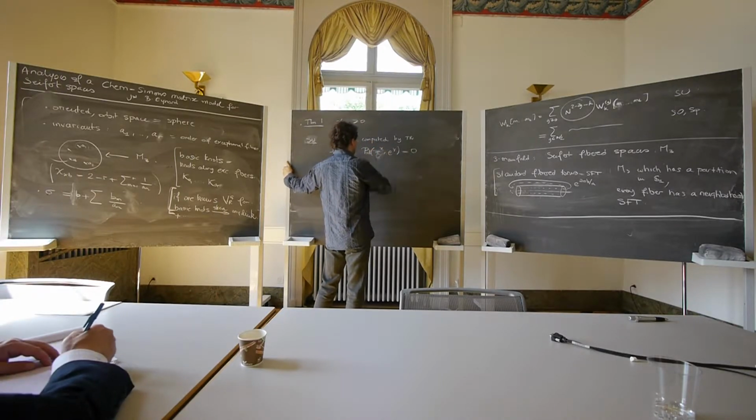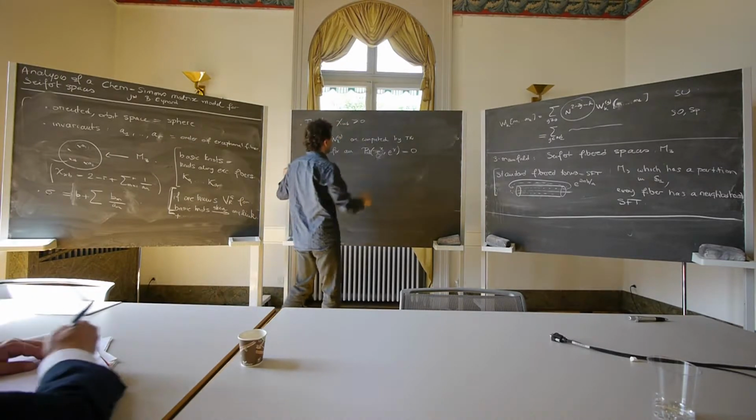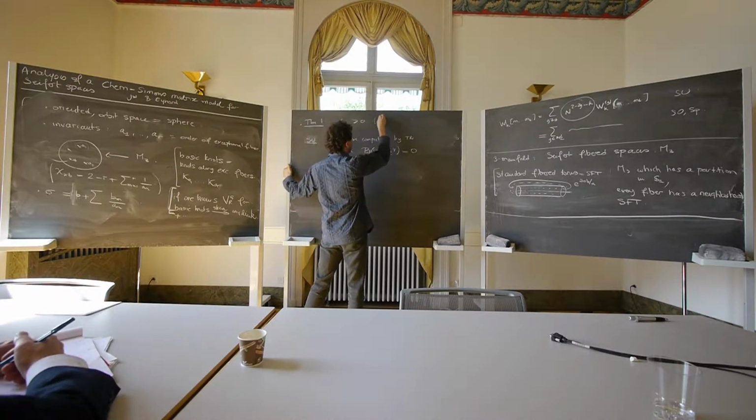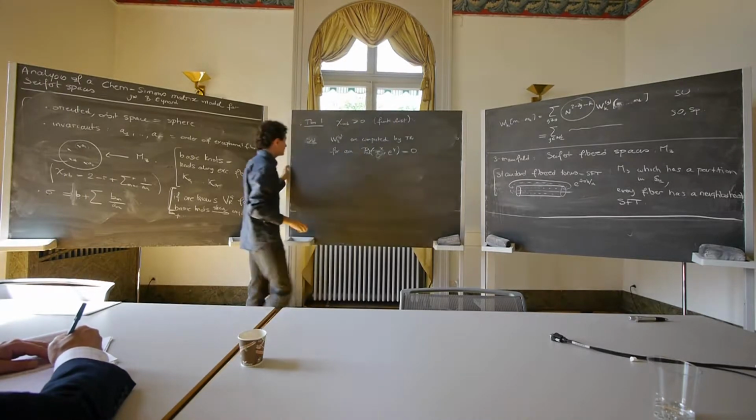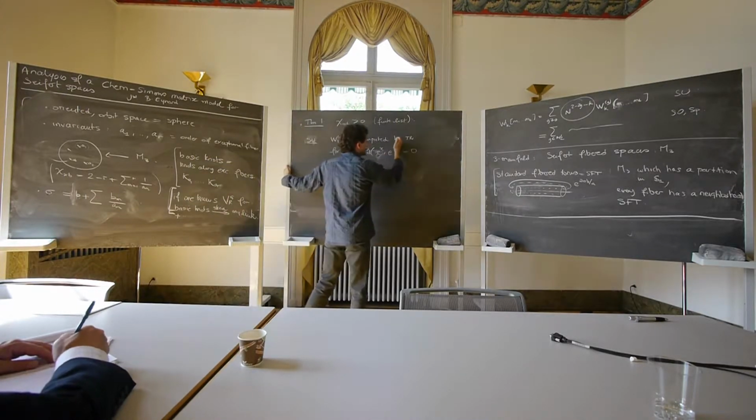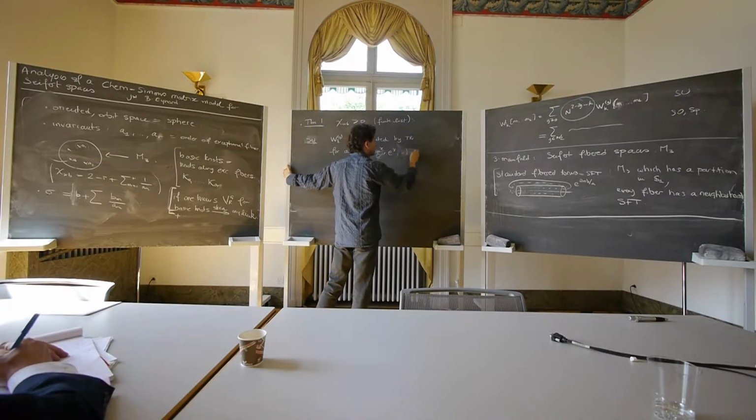Well, this is a polynomial depending on this data, which I use as a finite list. And of course that should depend on mu, which is n times h bar.